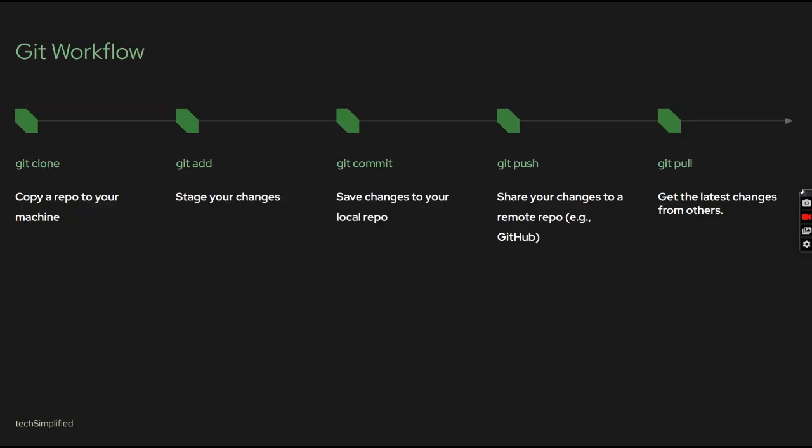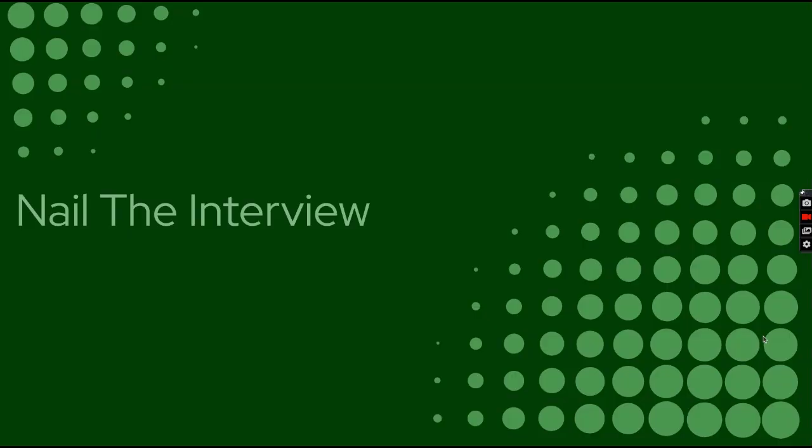Once everything is done, we use git pull. Git pull downloads all the changes that have been made by all the team members so that the code remains consistent across all the users' local repositories. So this is the basic workflow. This workflow ensures that everyone is always working with the most up-to-date code.